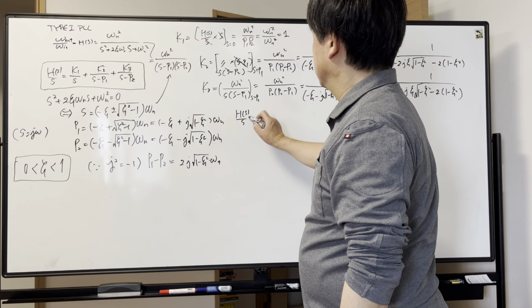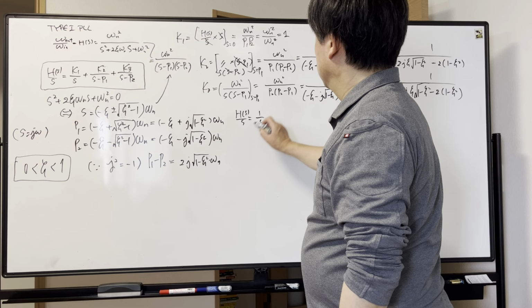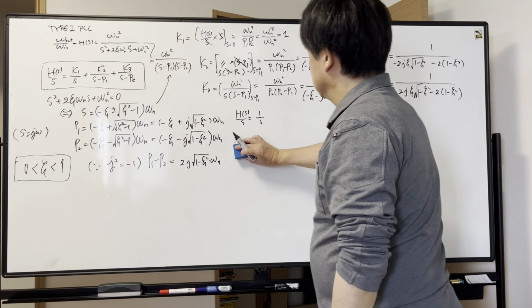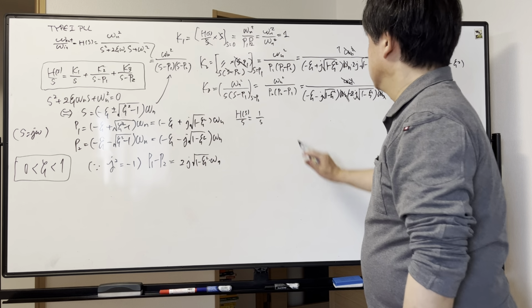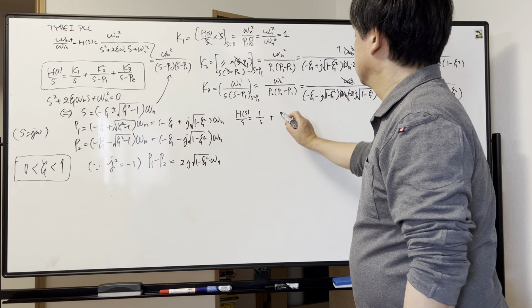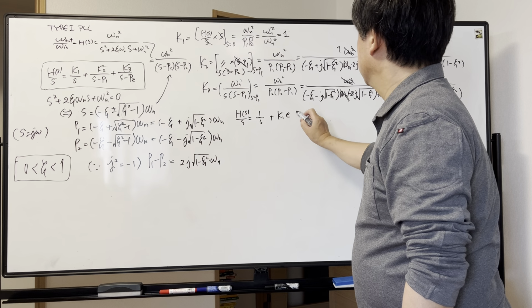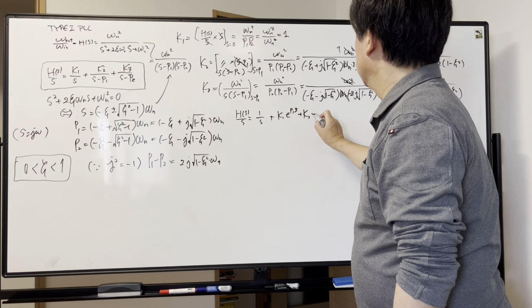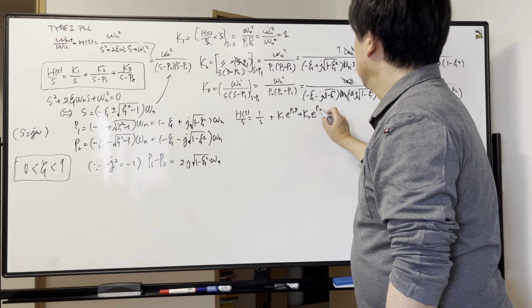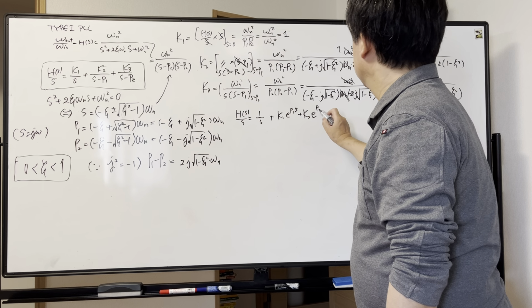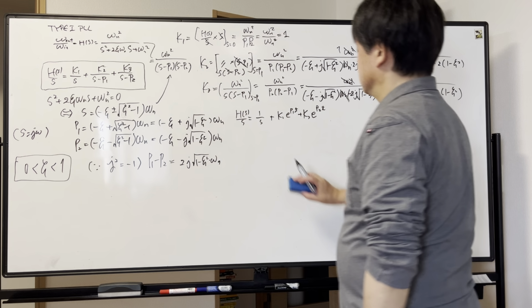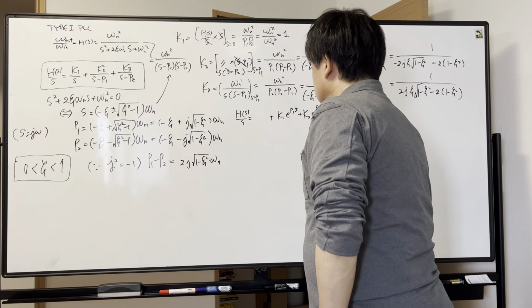Then H(s) over s is, sorry, k1, which equals 1, plus k2 e to the p1 t plus k3 e to the p2 t.